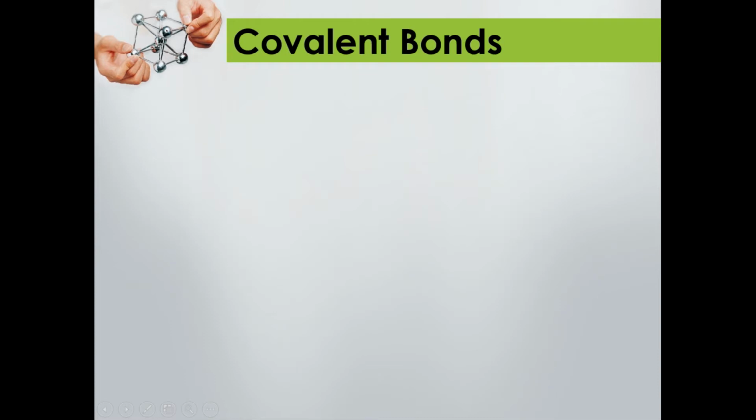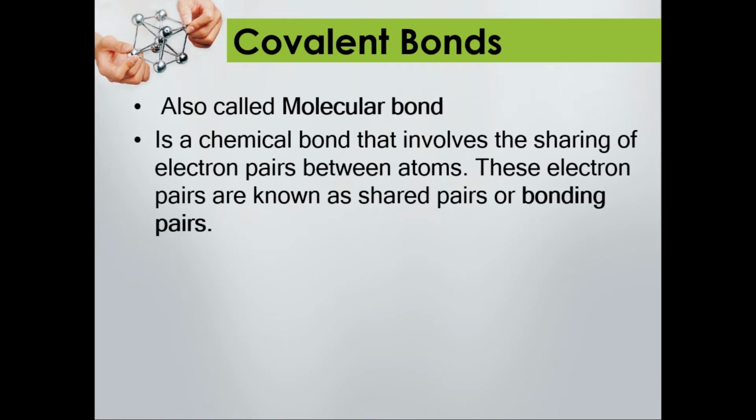Next is the covalent bonds, also called molecular bond. It's a chemical bond that involves the sharing of electron pairs between atoms. So again, it is sharing of electrons. A while ago, ionic bonding was said to be transferring of electrons from a metal to a non-metal.